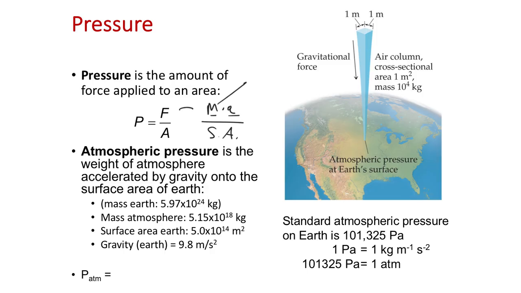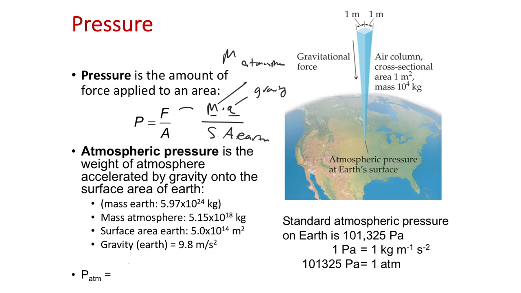So you use this as the atmospheric mass, use this as gravity, and then plug in the surface area of Earth, and we should be able to calculate our average atmospheric pressure, or get an approximation of what atmospheric pressure is.